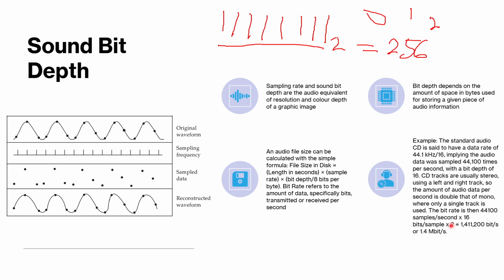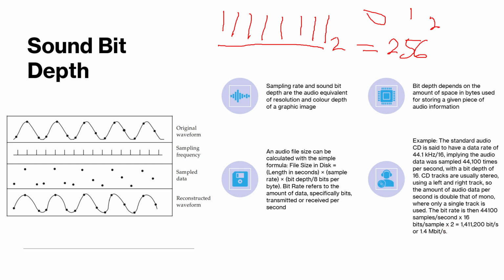With the formula of bit rate given as the sample rate times the bit depth times the number of channels, the bit rate is then 44,000 samples per second, that is the sample rate, times 16 bits per sample, that is the bit depth, times the number of channels.